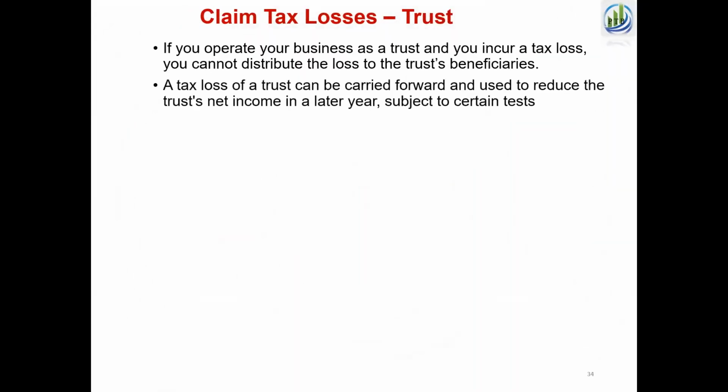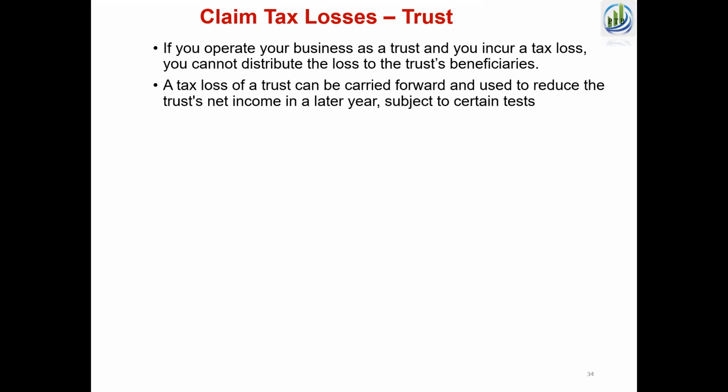Trust: if you operate a business as a trust, you will include the tax loss. You cannot distribute it to your beneficiaries, but for a partnership, you can distribute your loss to the partners. Same as sole trader, the same rule for sole trader and partnership. But the trust, if you make a loss from the trust, you cannot pass it to your beneficiaries to offset other assessable income, right?